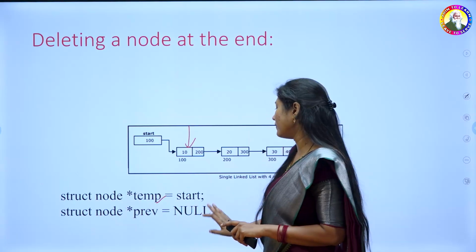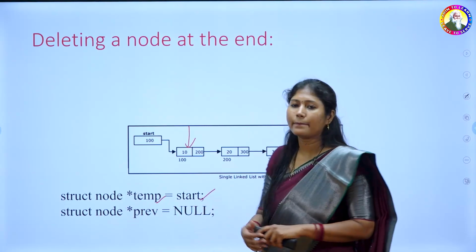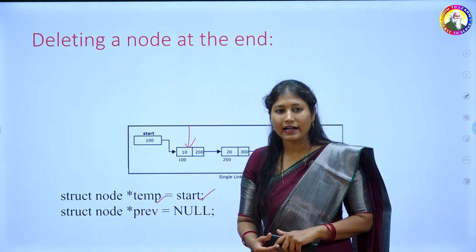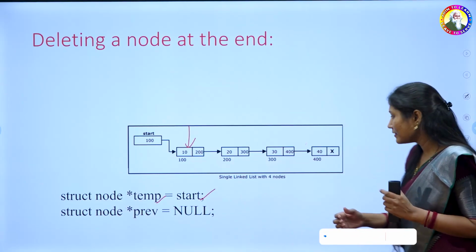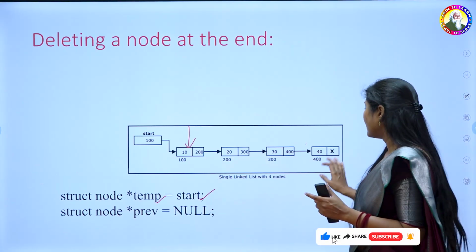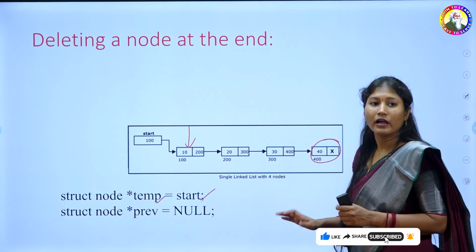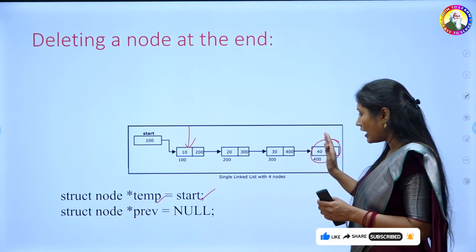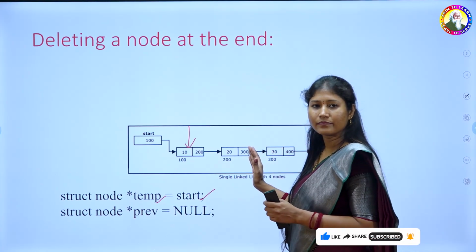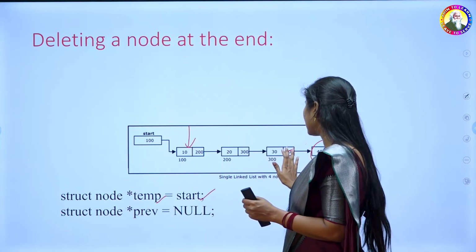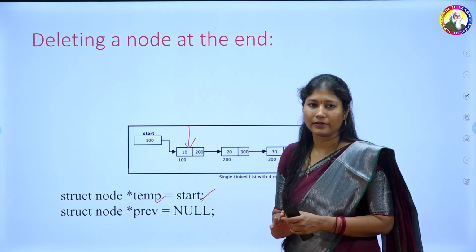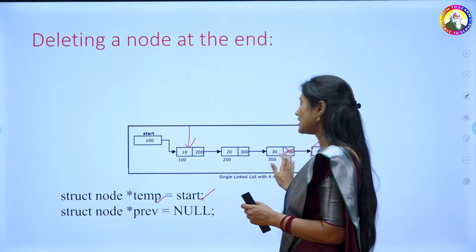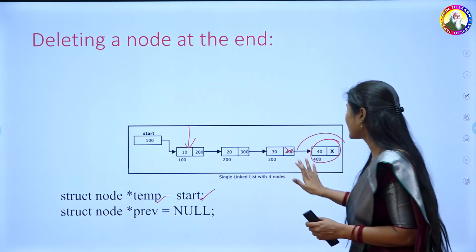How can I do that? I write struct node pointer temp equal to start. We have discussed that I need to delete this one, but before deleting it, I should come one step back and make the next address null. After that, I can deallocate the memory.